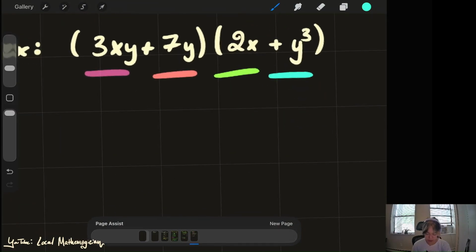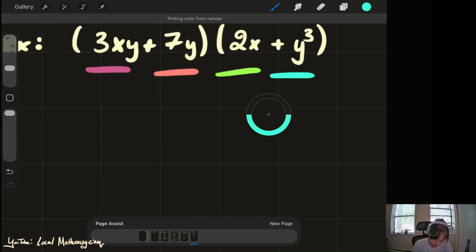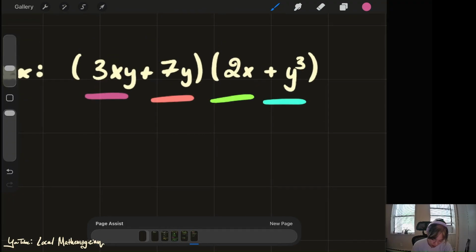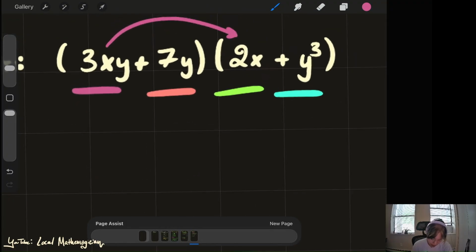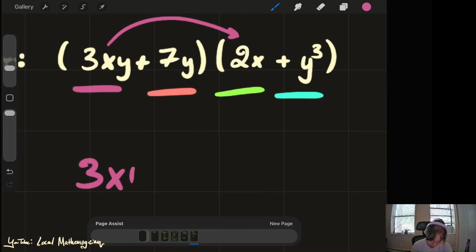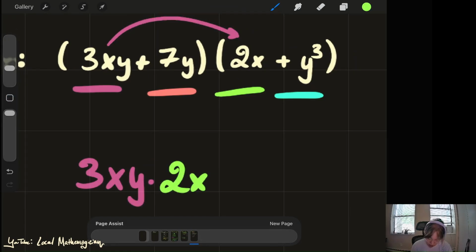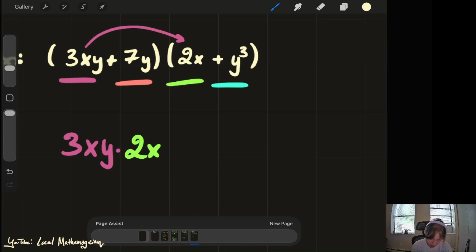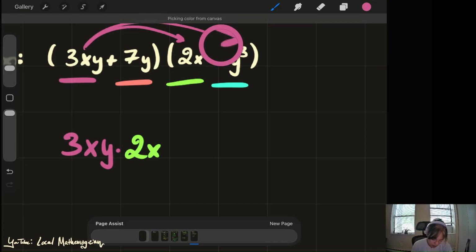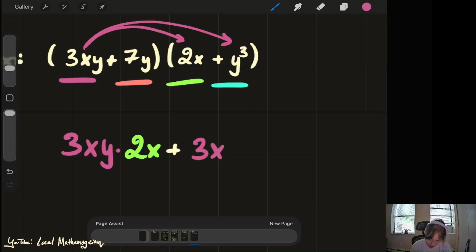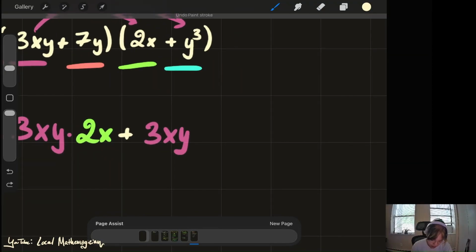Okay? So my first term will be 3xy times 2x. My next will be plus 3xy times y cubed.